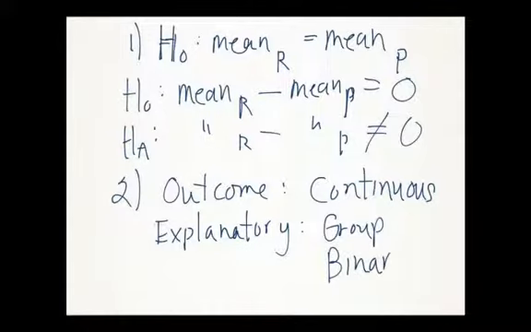Because you're either in the relapsing group or you're in the progressive group. So what test can we use to compare a continuous outcome with a dichotomous or binary explanatory variable? Well, it's the two-sample t-test.